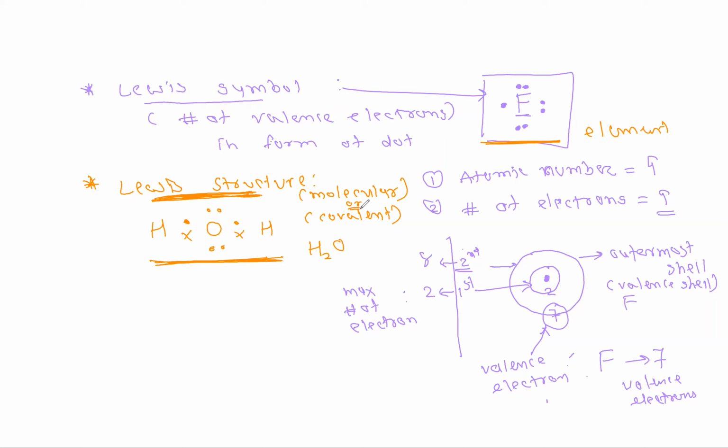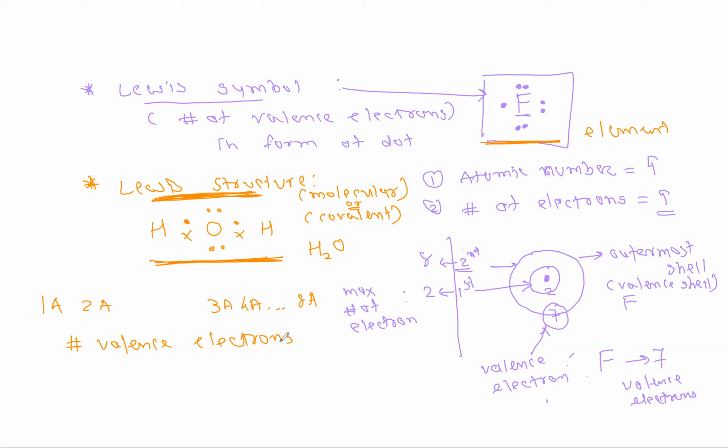Okay. Before I erase this, I just want to point out one more thing. Simply by looking at the group number, the way I like, 1A, 2A, then 3A, 4A, up to 8A, you can find out the number of valence electrons for any element.